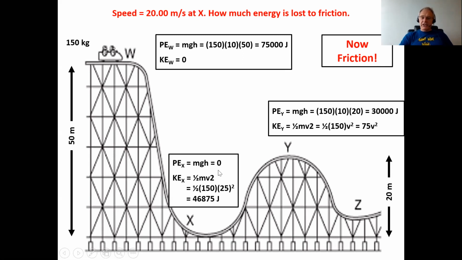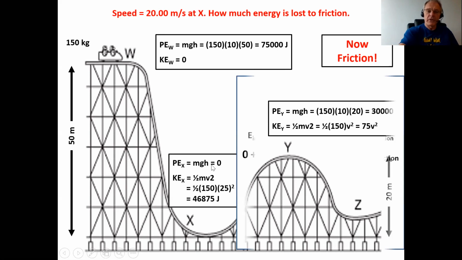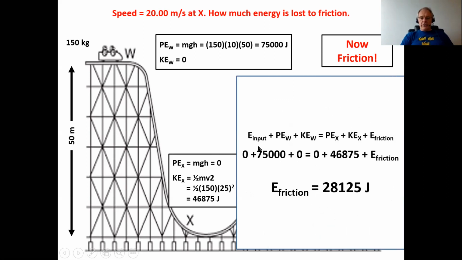And we do the same thing we did before. It's not that this box equals this box. It's that this box here is what we started with. This is the mechanical energy we end up with, and the energy lost will be the difference between the two. So there's no energy input, that's 0. This box here is 75,000.